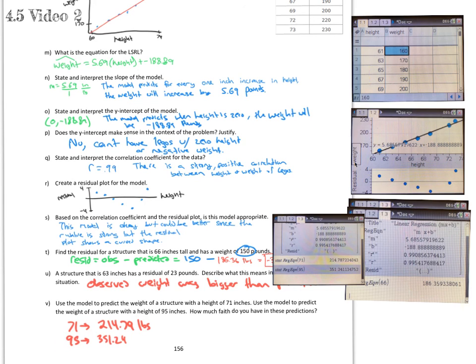So we're not going to have a lot of faith in that 95-inch structure weighing 351 pounds, because that's called extrapolation. So we don't have much faith. It's too far out of our data range, so we don't know if the pattern continues or if maybe taller structures get a lot more heavy, which seems possible.